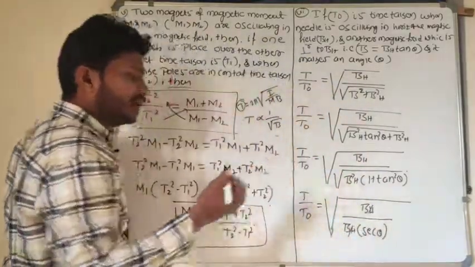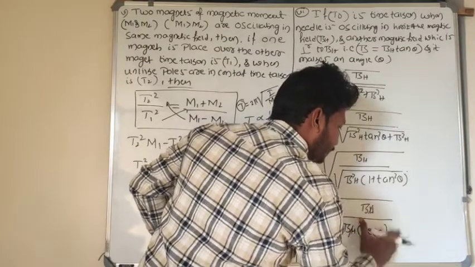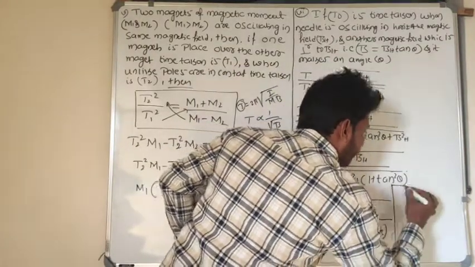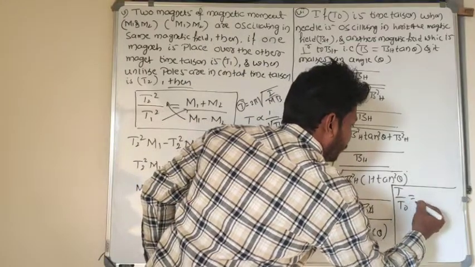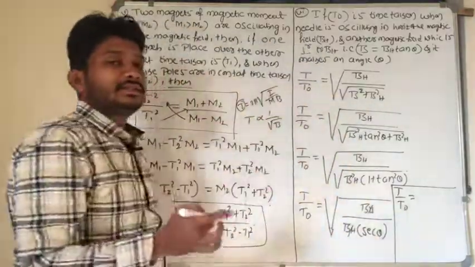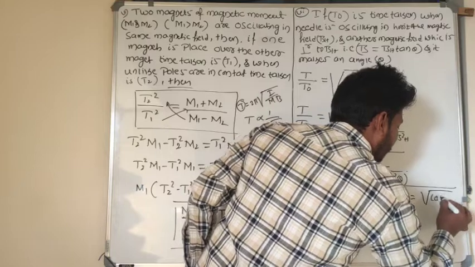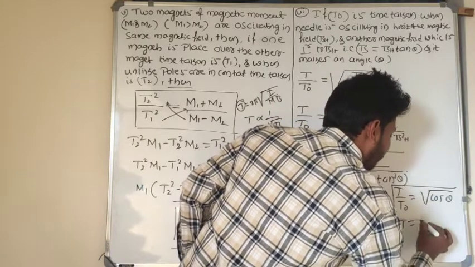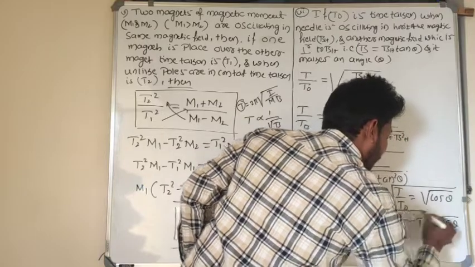B of H term will get cancelled out here, and finally we will get that, wait a minute, T by T naught, which is equal to square root of 1 by sec theta, that is equal to square root of cos theta, T which is equal to T naught into square root of cos theta.